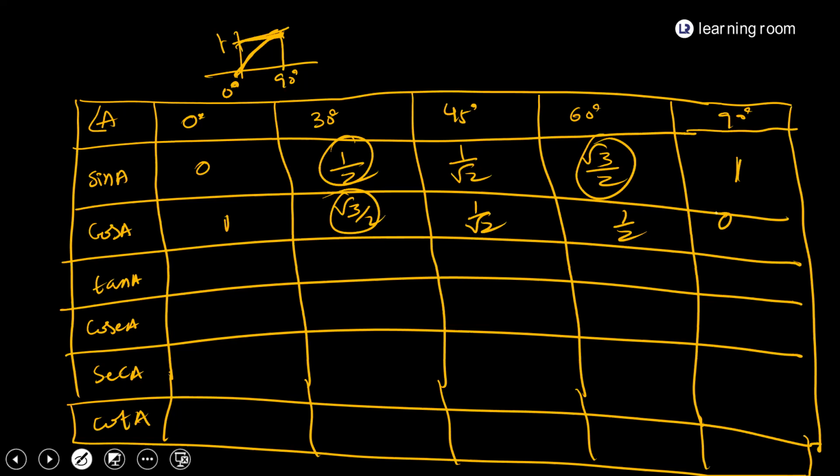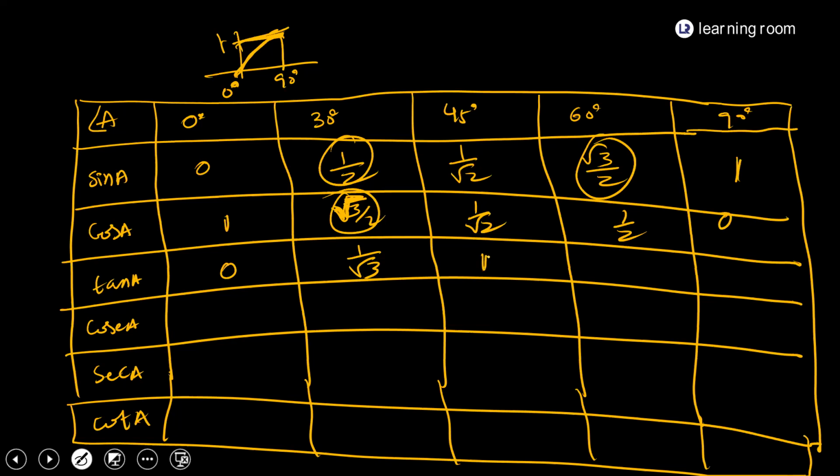So for tan, at 0 it will be 0 by 1, which is 0. Here it is 1 by 2 by root 3 by 2. 1 by root 3, the 2 will cancel out. 1 by root 3, right? 1 by root 2 by 1 by root 2 is 1.